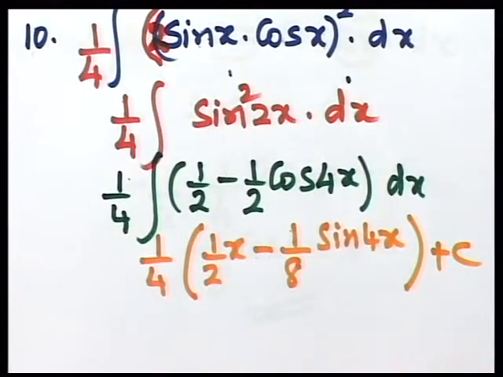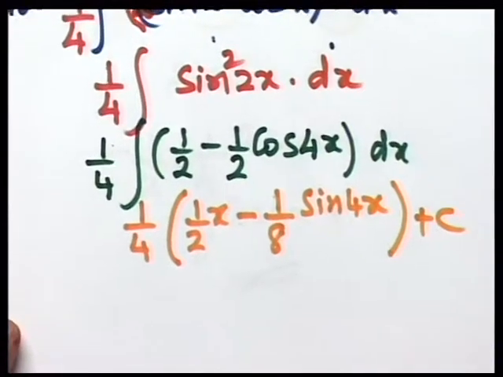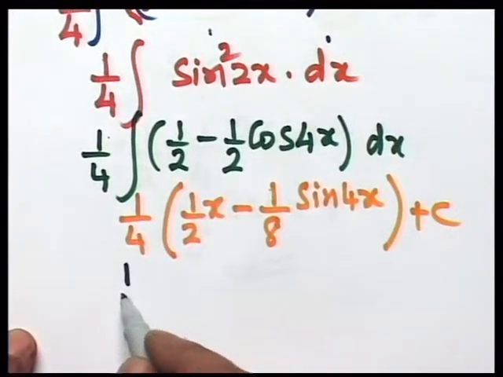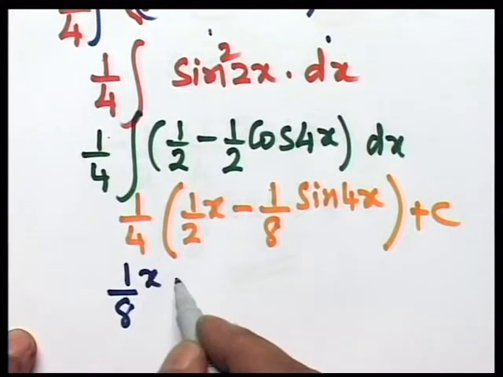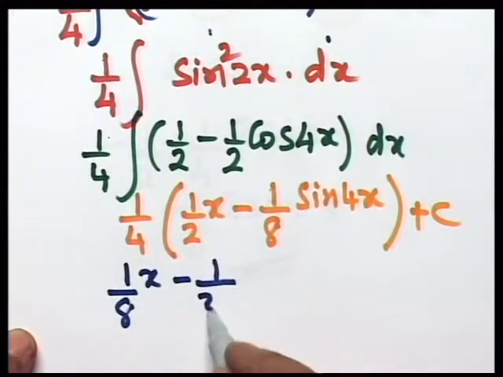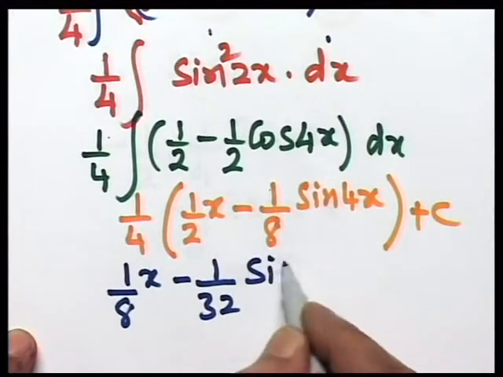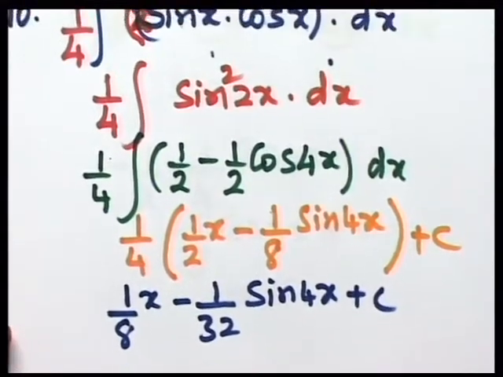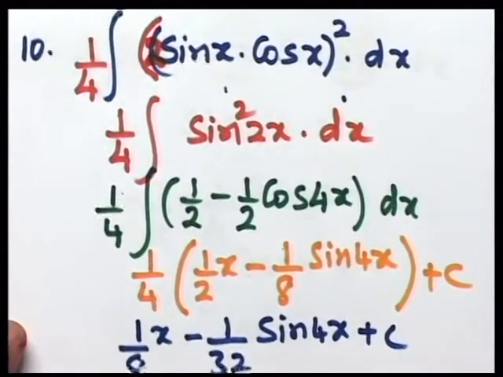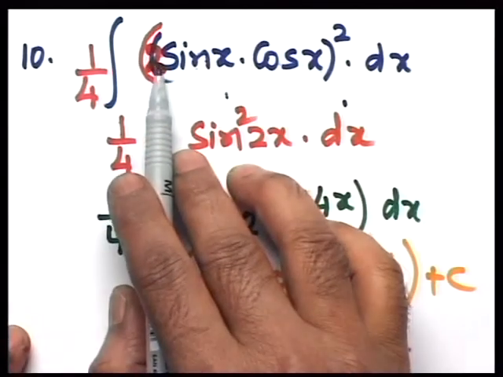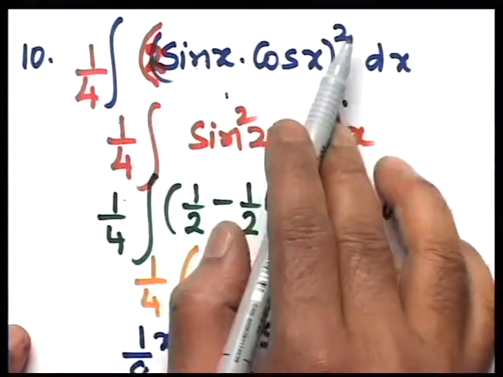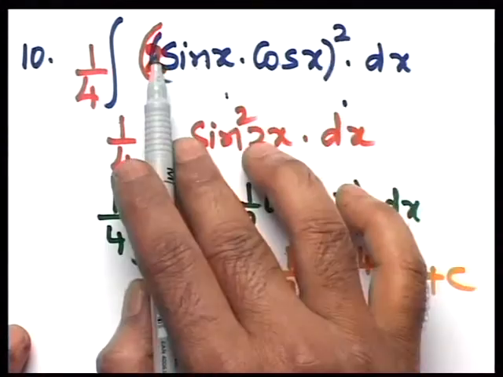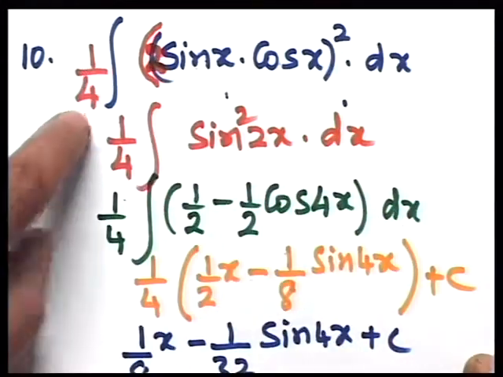Now we open the bracket with the quarter there, so that's an eighth x minus 1 over 32 sine 4x, and plus c. So not bad. It's the same type of approach. Introduce a 2 there. Just be careful. It's a whole square, so 2 squared will become a 4. So multiply by a quarter, that comes down.